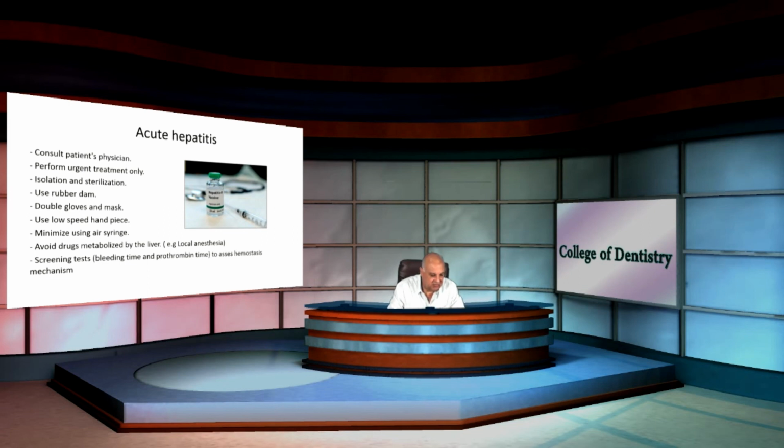Screening tests such as bleeding time and prothrombin time are needed because, as I mentioned before, in a patient with viral or acute hepatitis there is a decrease in the synthesis of certain clotting factors such as factors 2, 5 and 7. These coagulation factors are synthesized in the liver, so due to abnormal liver function they might be deficient.